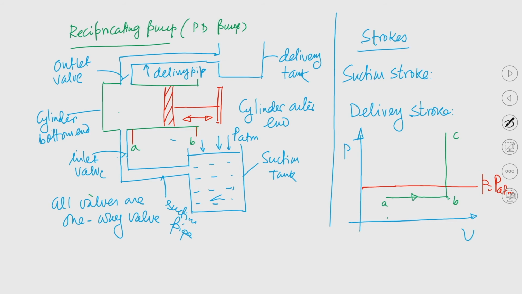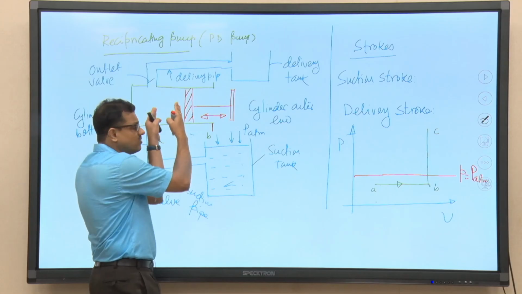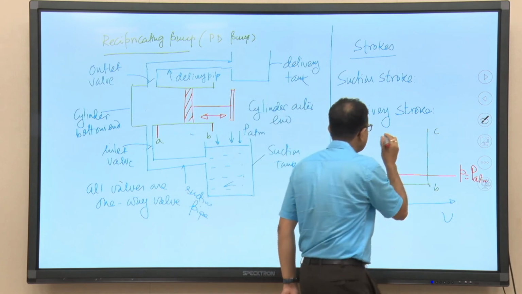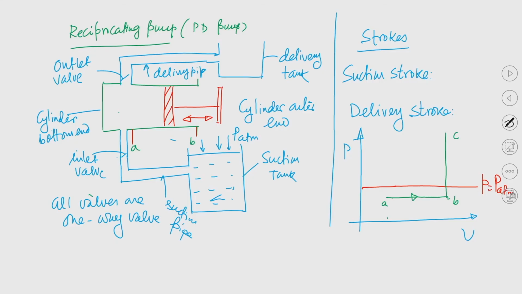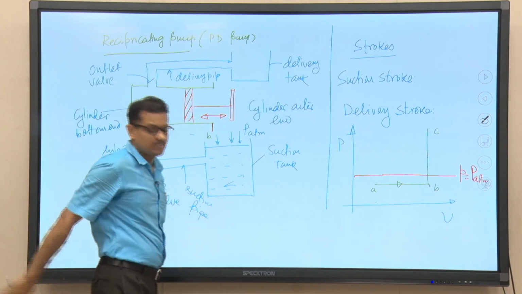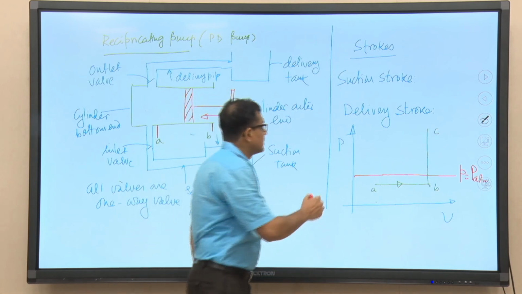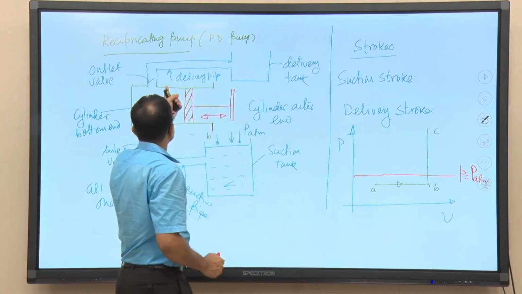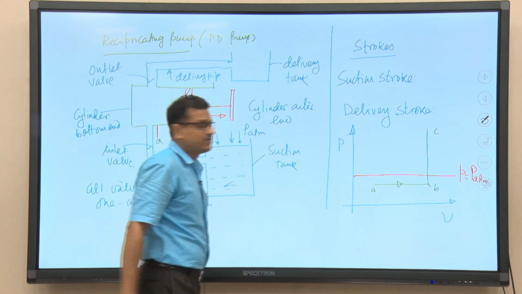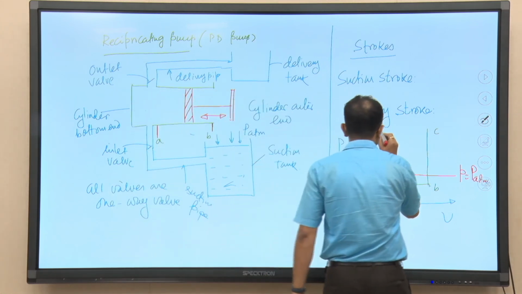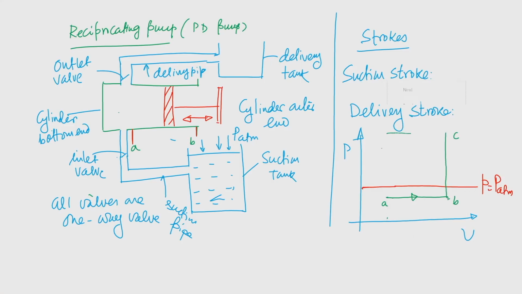At the beginning of the delivery stroke, the liquid volume is not displaced, but the piston is creating thrust on it. So, the pressure will rise abruptly up to point C, and then that pressure will be able to open the outlet valve by overcoming the force required to open it. Liquid will then start flowing through the delivery pipe and eventually go to the delivery tank, and the delivery stroke will continue. So, this is the delivery stroke.